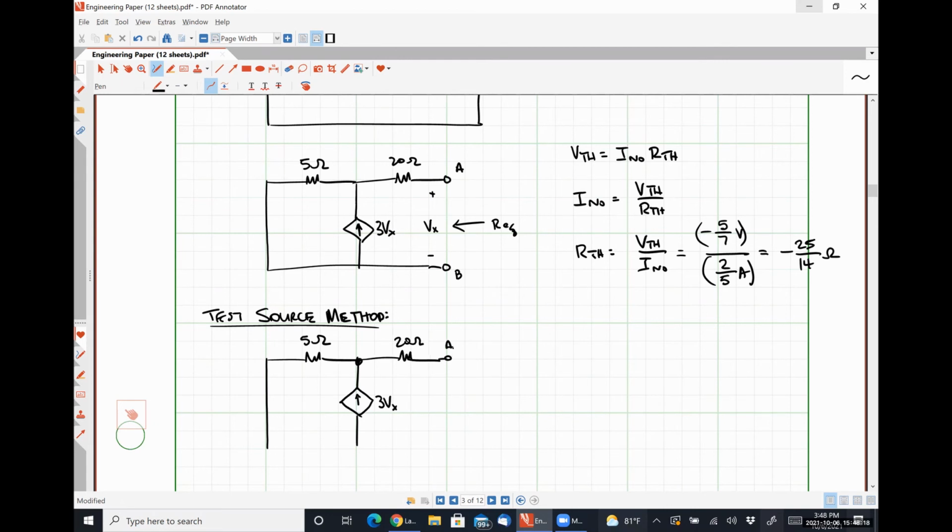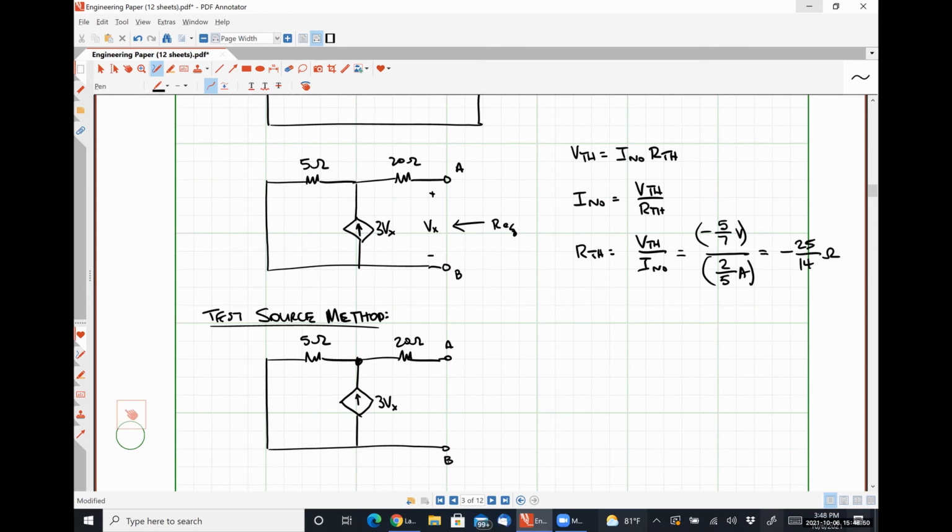Here's terminal A. Here's terminal B. So the test source method is simply we apply a test source to this network and then use Ohm's law to figure out what resistance the test source sees. That can be accomplished in one of two ways. We can apply a current source and then measure the voltage, or we can apply a voltage source and then measure the current, but we're just using Ohm's law.